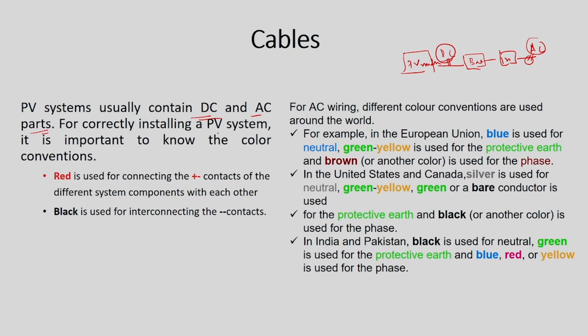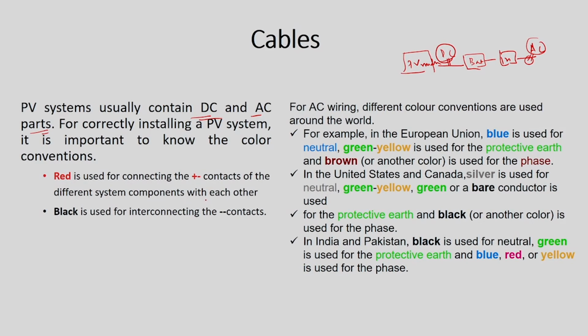For correctly installing a PV system, it is important to know the color convention. Red is used for connecting the positive contacts of the different system components with each other, and black is used for interconnecting the negative contacts. For AC wiring, different color codes are used around the world.